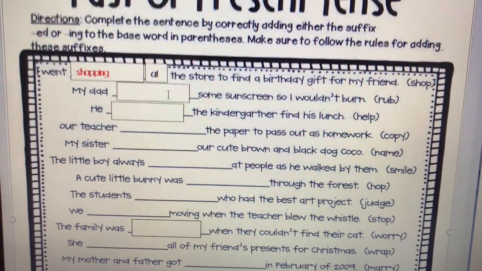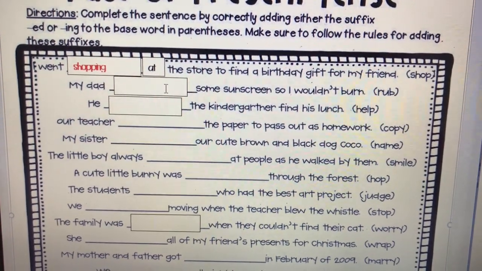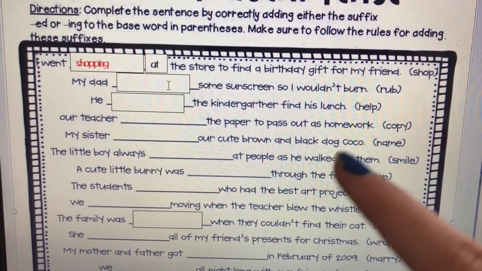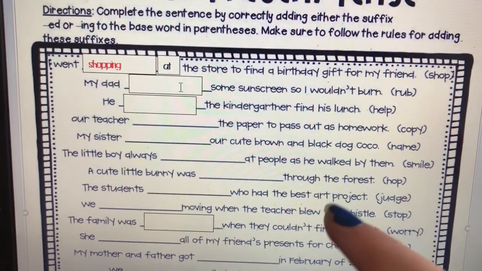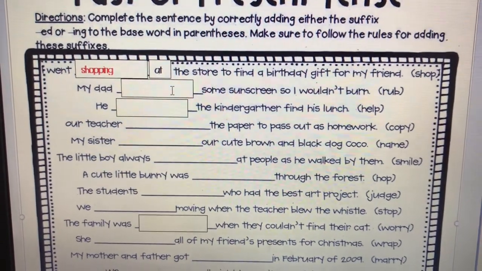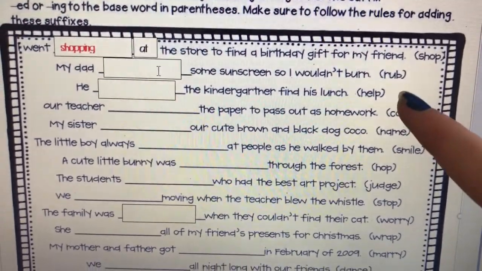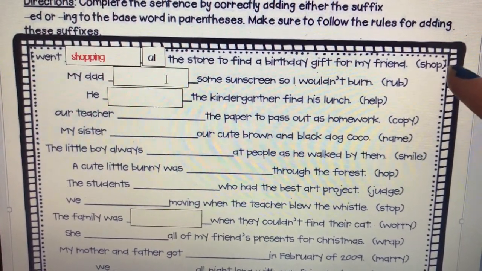Let's go ahead and do the next one. My dad blank some sunscreen so I wouldn't burn. And our word is rub. So my dad rubbed some sunscreen so I wouldn't burn, or my dad rubbing some sunscreen. I think rubbed would make the most sense because he did it in the past. So we have the word rub, and it follows the same pattern as shop.